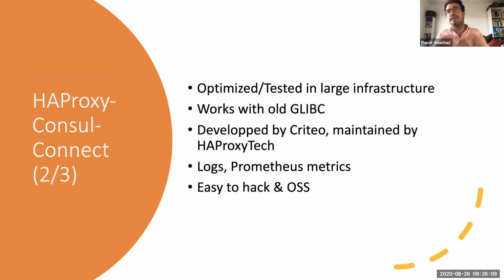It is also tested in our large infrastructure. It is developed basically by Criteo, but maintained by HAProxy Tech, the company behind HAProxy. It sends logs and Prometheus metrics, and it's very easy to hack because it's a subset of Consul Connect, while still being completely compatible, of course.